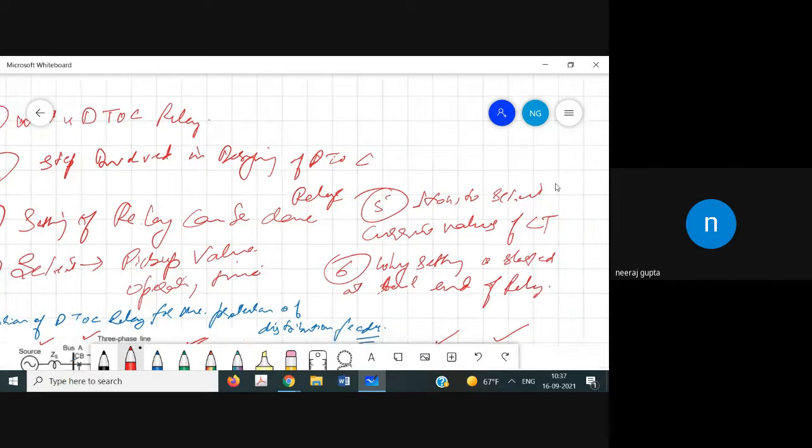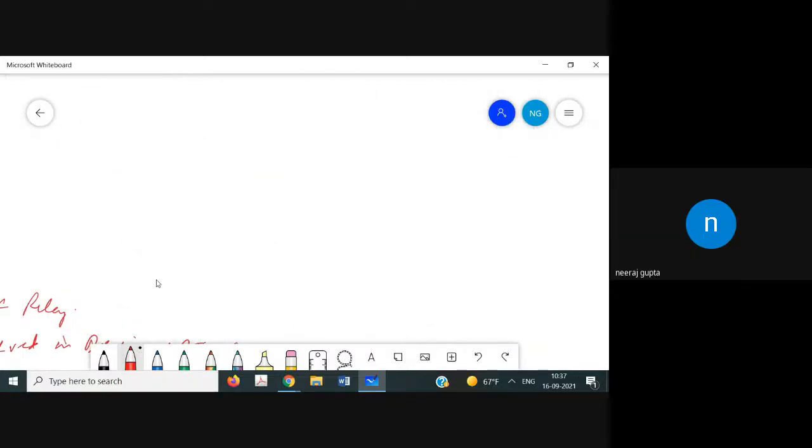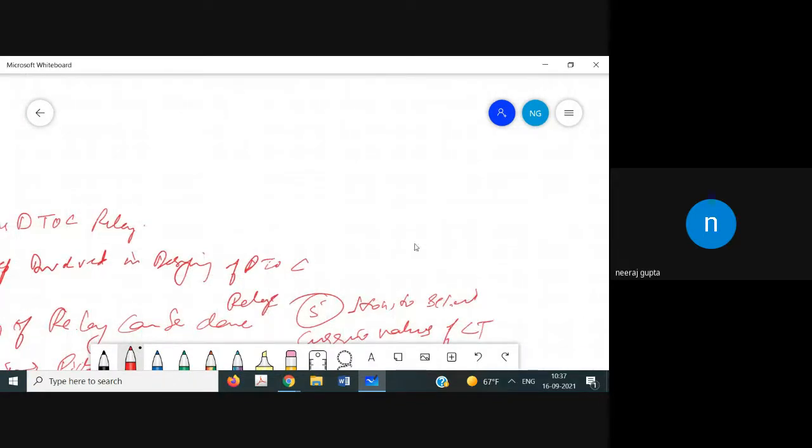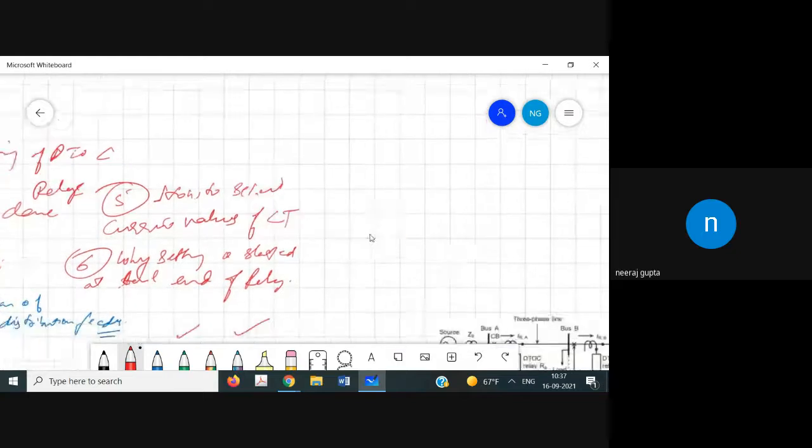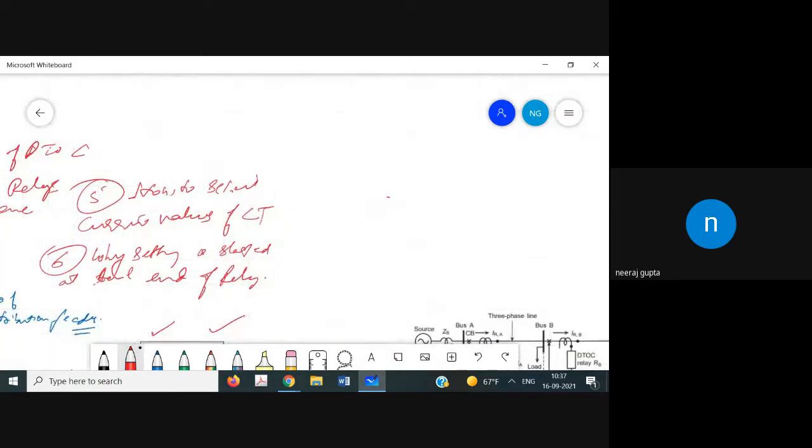And then after that, what are the problems associated with the DTOC relay.